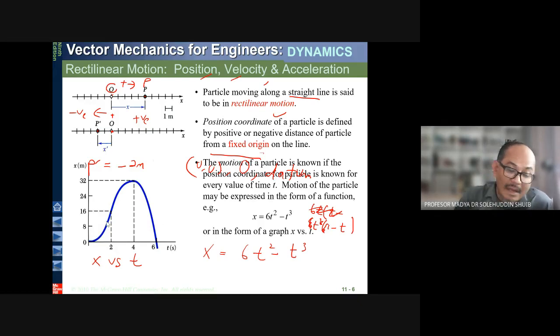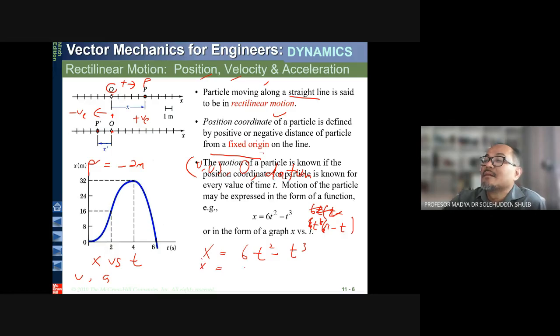How to plot the graph for velocity, and then how to plot graph for acceleration. You can plot the graph by differentiating this function, okay, with respect to time. So you differentiate this one with respect to time.